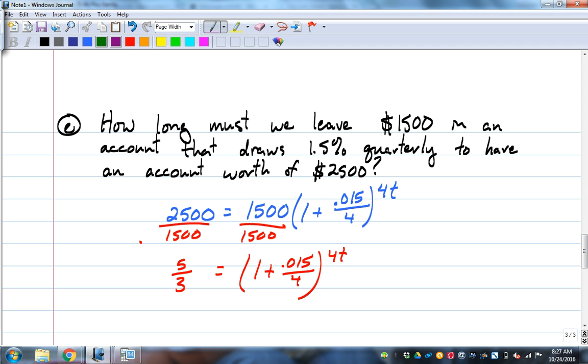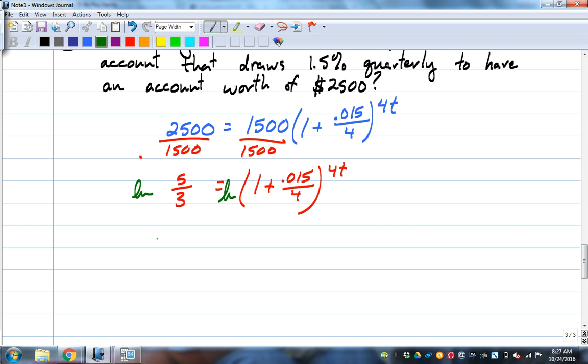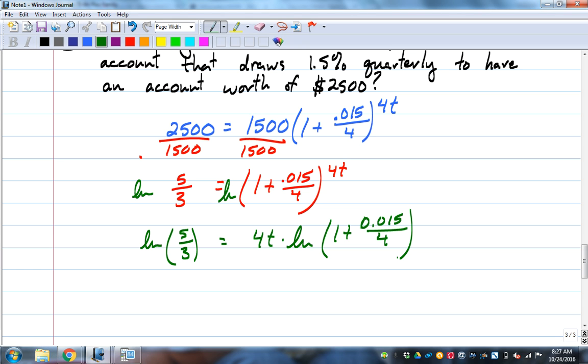That's a good idea. I'll take the natural log of each side, and that gives me natural log of 5 over 3 equals 4t times the natural log of this stuff, 1 plus 0.015 over 4. The power property for logs brings that down to the front.